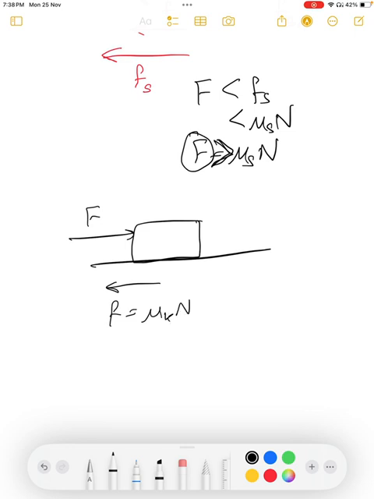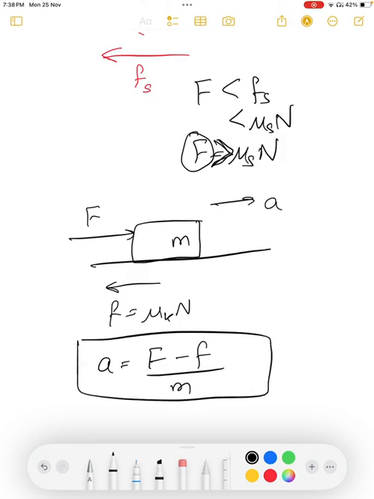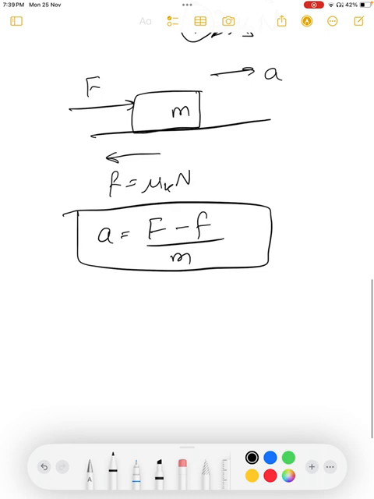Since the box is in motion, there is some acceleration, which can be calculated by the net force, capital F minus small f, divided by the mass of the box. And mu k is mostly determined experimentally. In questions, it would be provided.